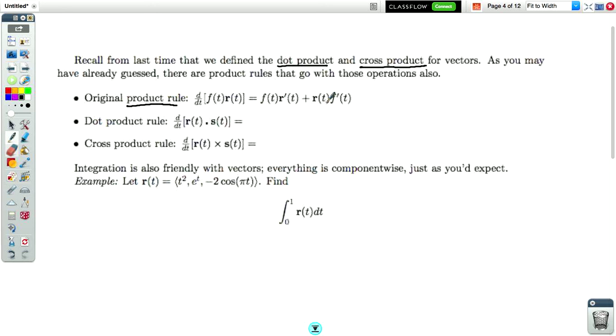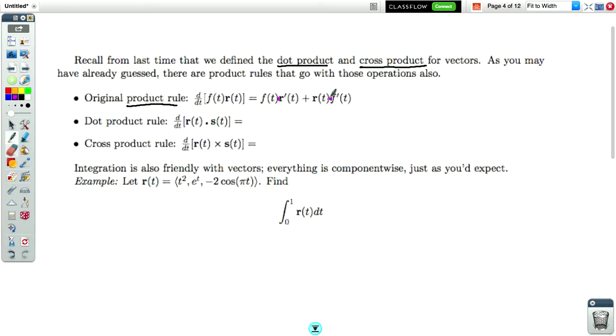It turns out there's also a product rule for the dot product, and another product rule for the cross product, which might sound overwhelming, except that it's exactly the same as the original product rule. One thing we never thought about with the original product rule is that there's multiplication going on between the first function and the second function, or in this case the vector and the function.